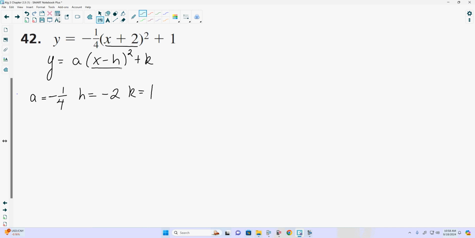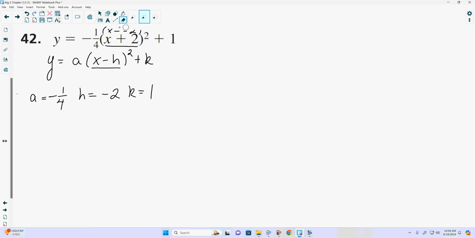The only way we can change it from x minus h to x plus 2 is if the value of h is negative. Because really what this is saying is x minus -2.